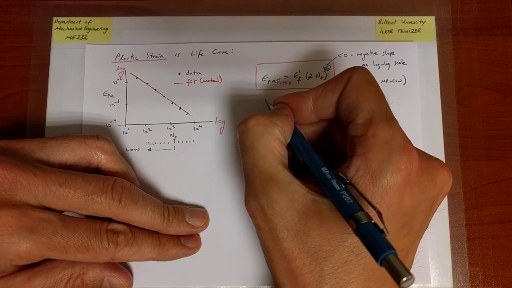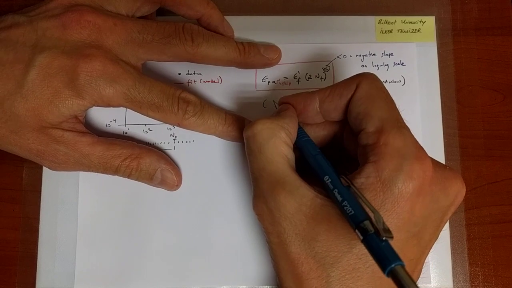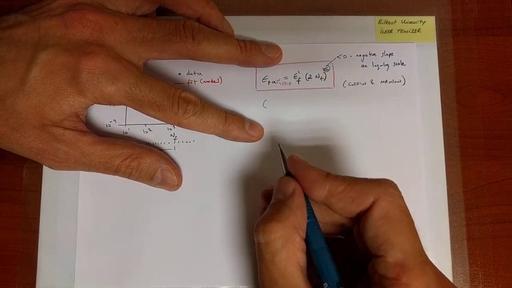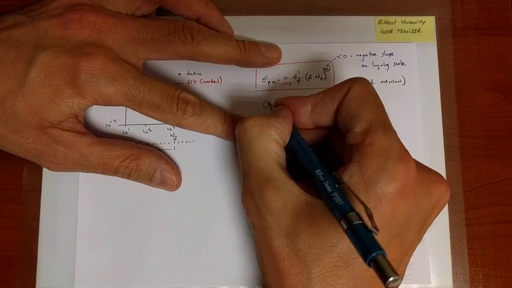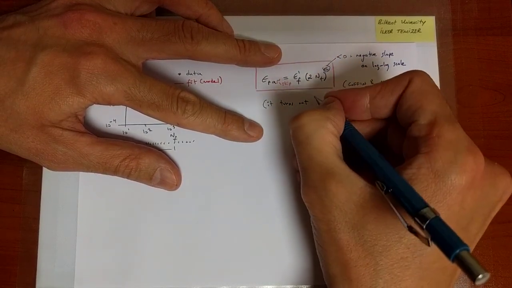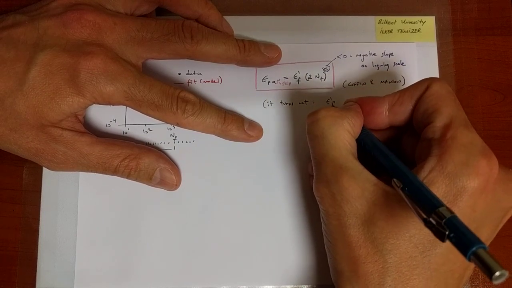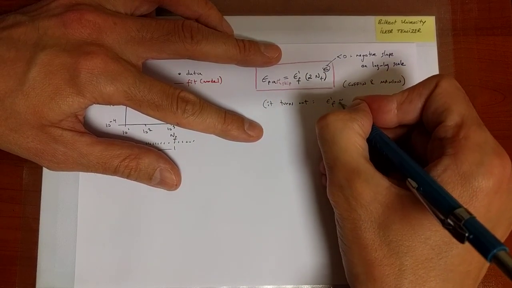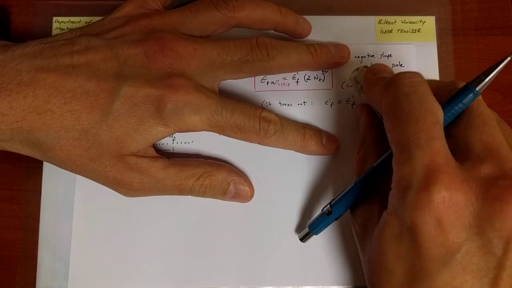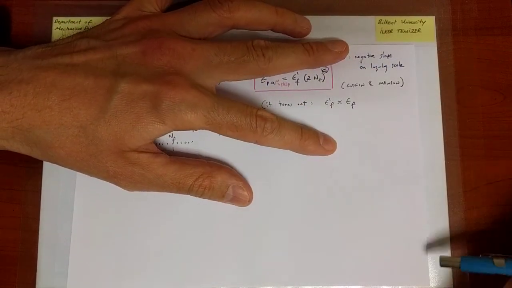And it turns out, indeed, just like for the Basquin equation where sigma'_f was associated with the true fracture stress, in this case, by the same argument that I've outlined, epsilon'_f is associated with the true fracture strain.